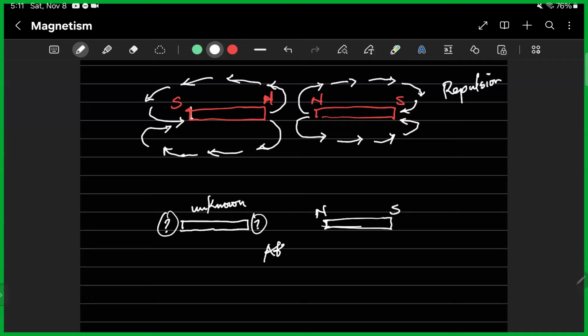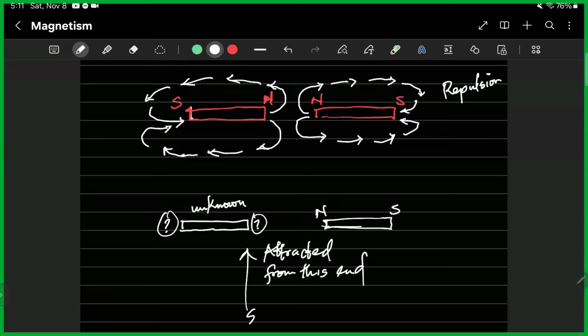If it is attracted from this end, what does that tell you about this particular end? It means it is south, definitely, because north will repel north, but south will be attracted.